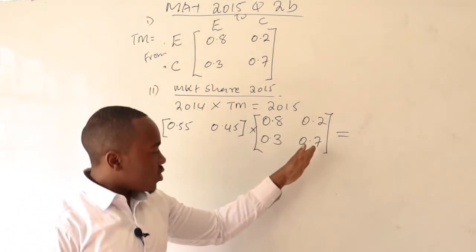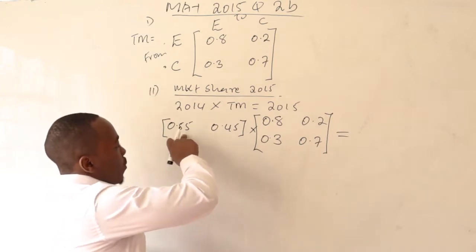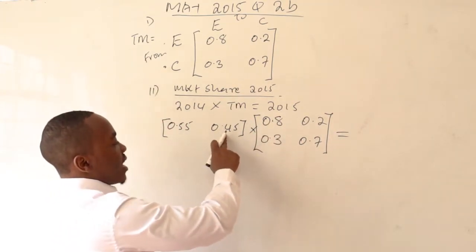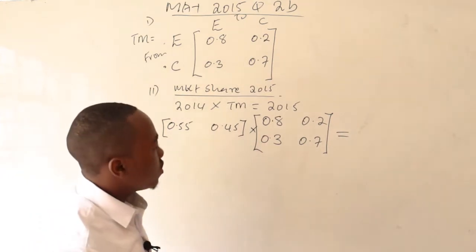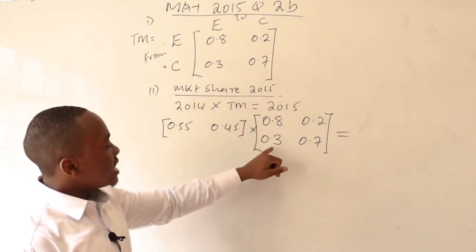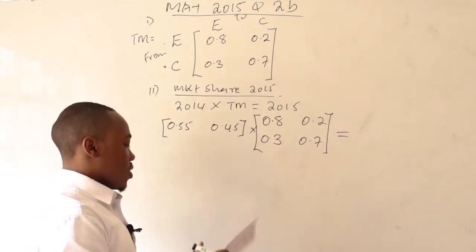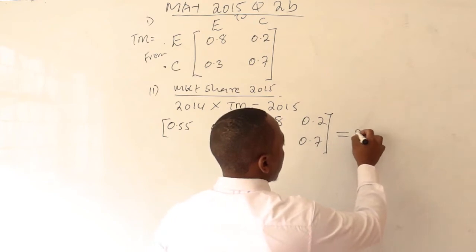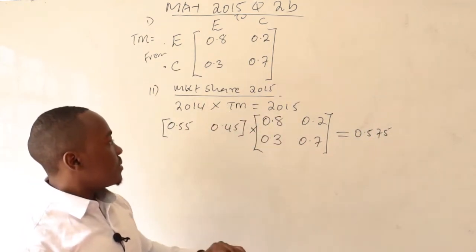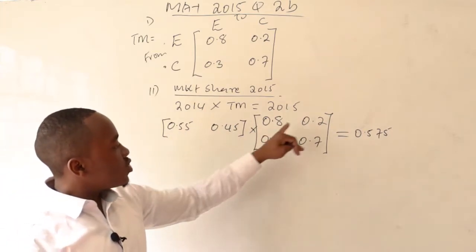In this case, you take 0.55 times 0.8 plus 0.45 times 0.3. With that, you get 0.575. Now, to get the competitor, first row, second column.